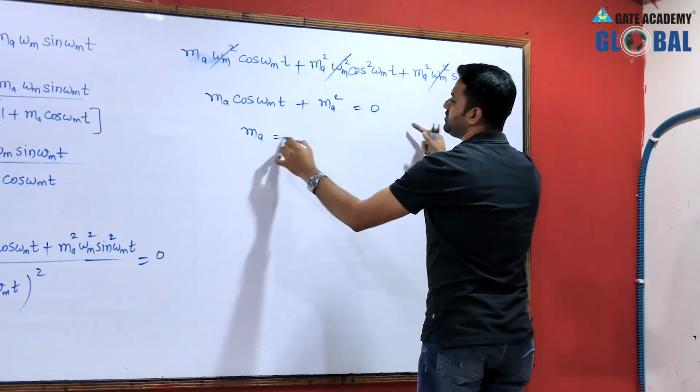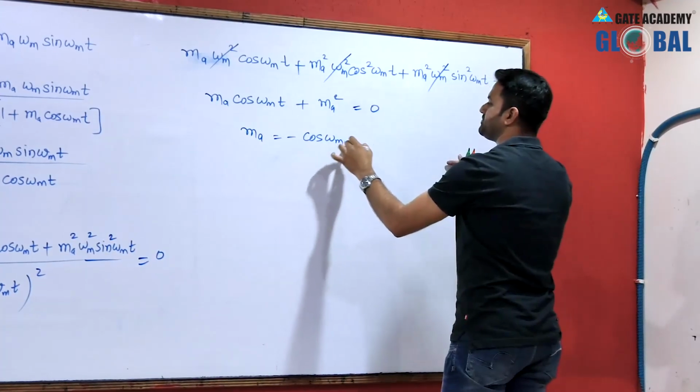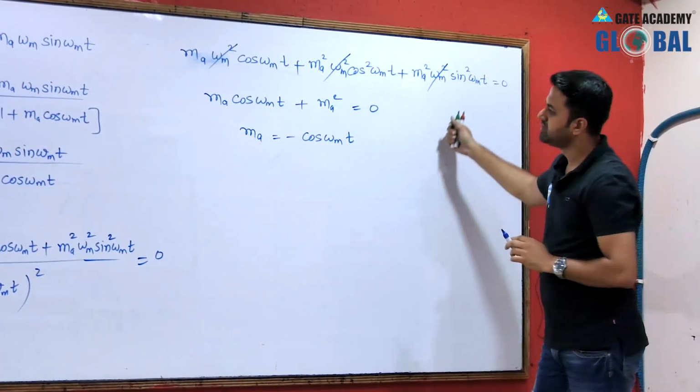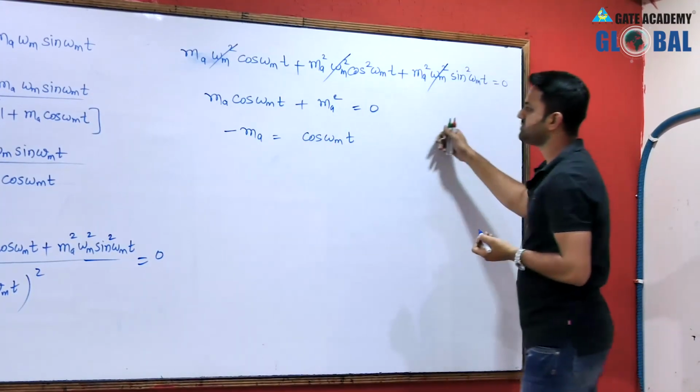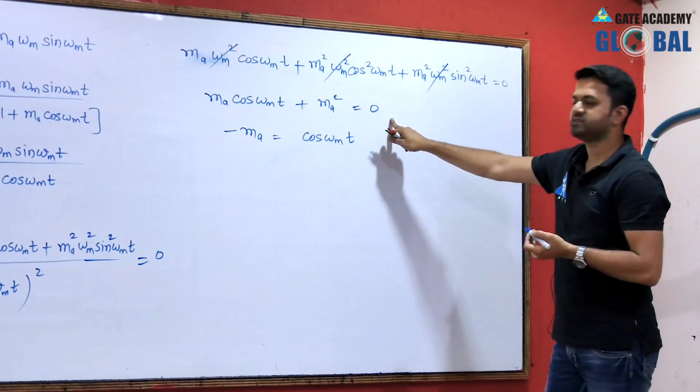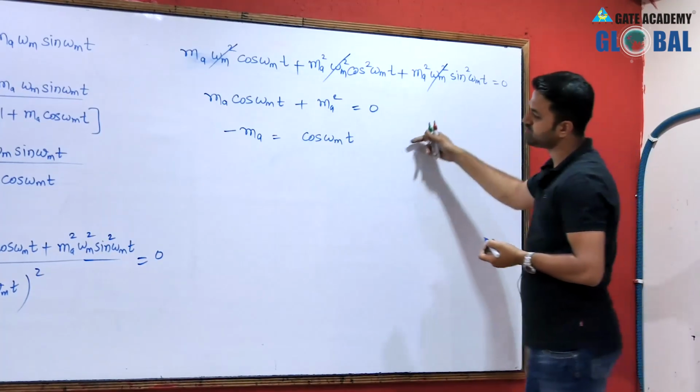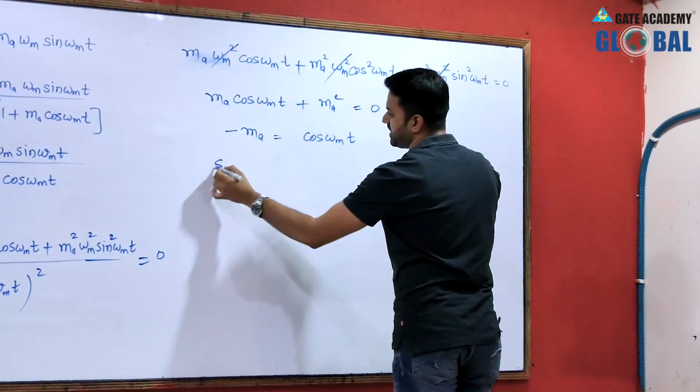So MA is equal to minus cos omega mt, or you can also write cos omega mt is equal to minus MA, because MA square here and 1 MA will be cancelled. So cos omega mt is minus MA.